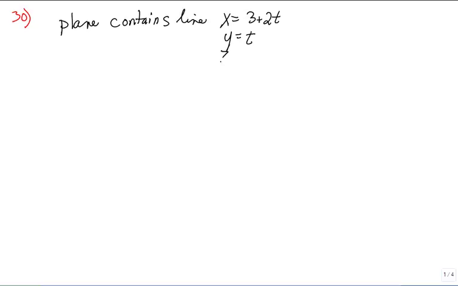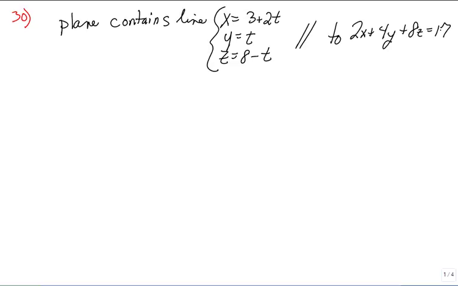Okay, let's look at 30. The plane contains this line, and it's parallel to 2x plus 4y plus 8z equals 17.